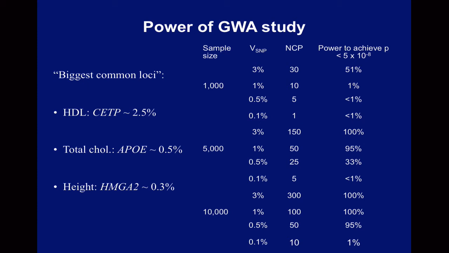Why do I pick 3% to 0.1%? Why do I never consider the scenario of, say, 10 or 20% of variance explained by a SNP?